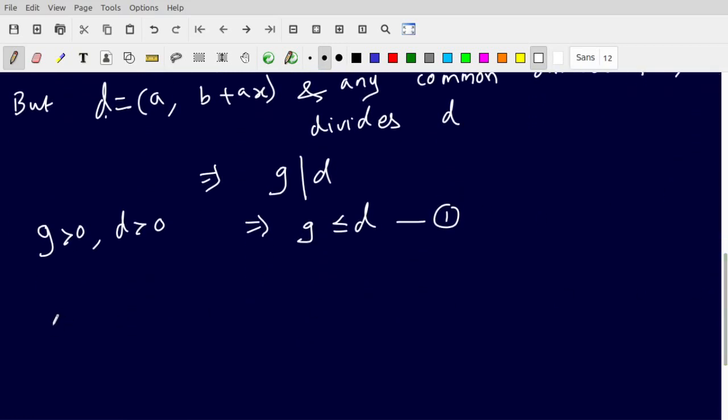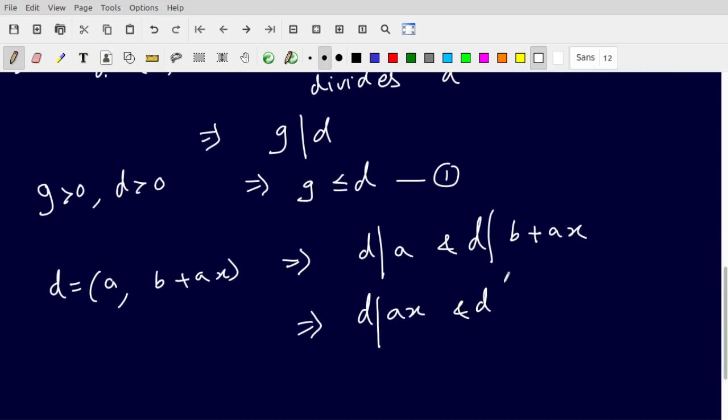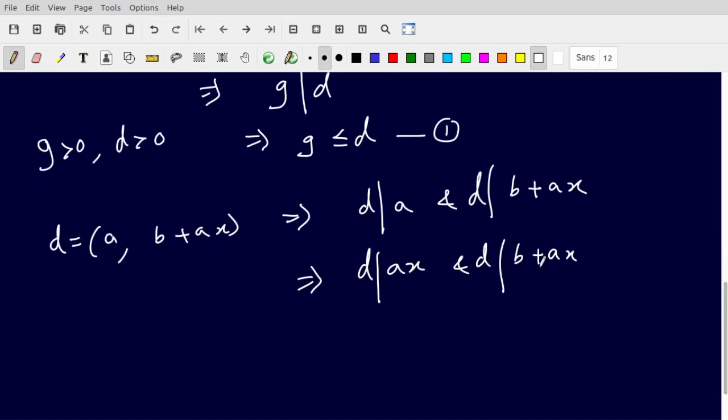Secondly, D is the GCD of A comma B plus AX, which implies that D divides A and D divides B plus AX. This implies D divides any multiple of A, and so D divides AX. If D divides two numbers, their subtraction is also divisible by D. So D divides B plus AX minus AX.